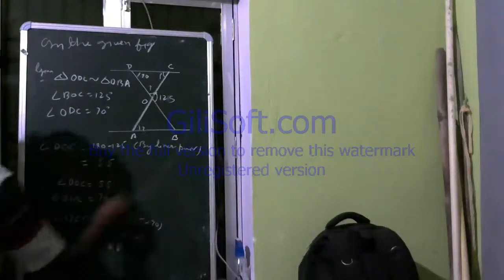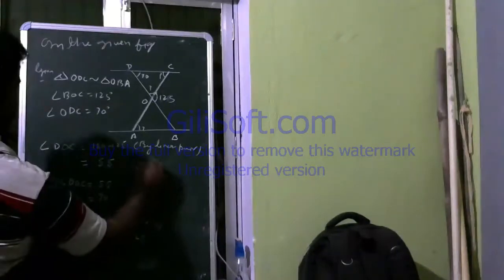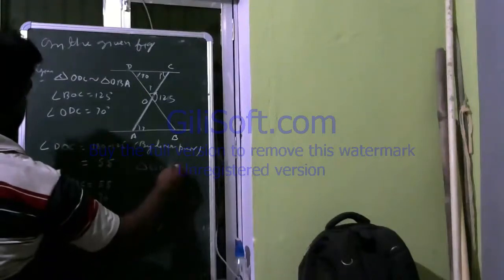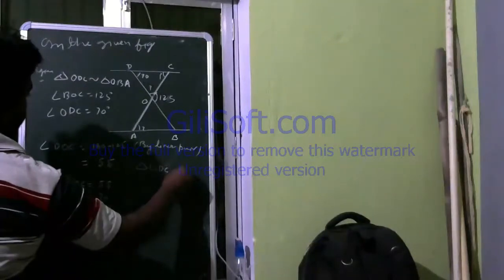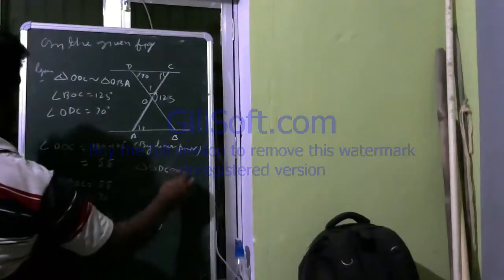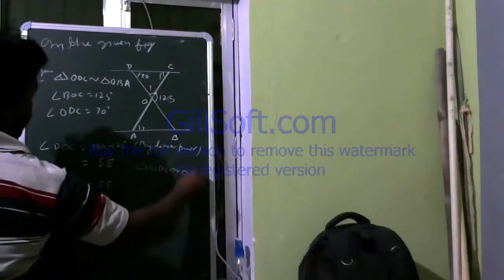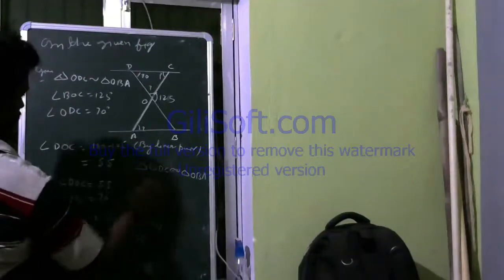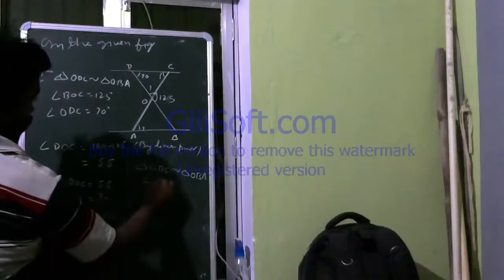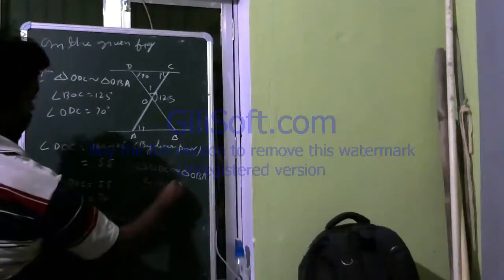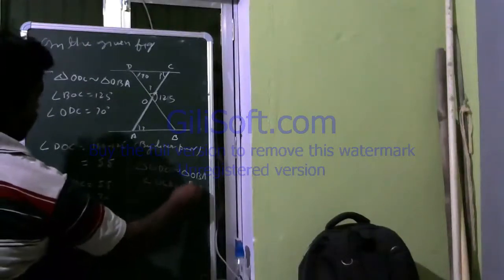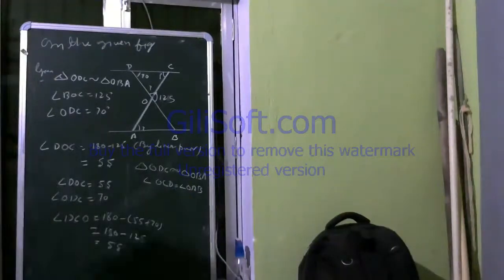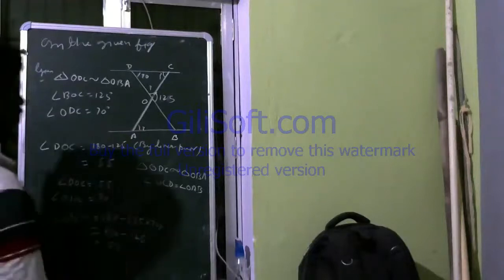Look here, next, triangle ODC similar to triangle OBA, so angle OCD equals angle OAB, because they are the corresponding parts.